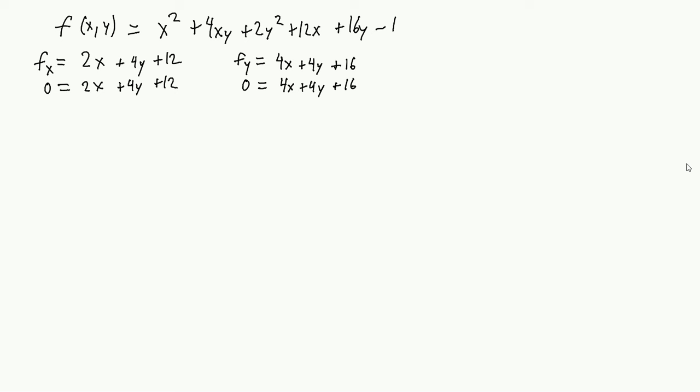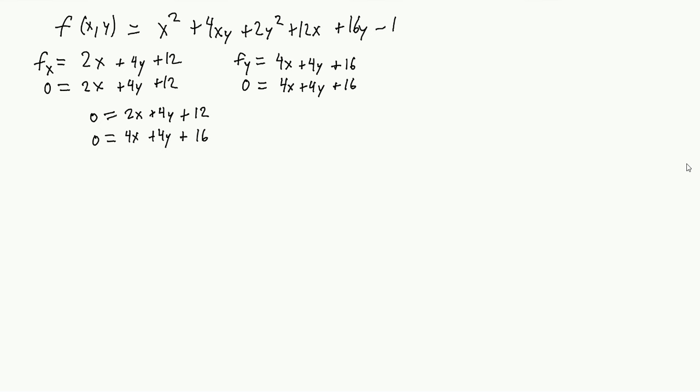So the way elimination works is you write your equations on top of each other, and you want to line up your variables. So I want to have 4x underneath that 2x. I want to have 4y underneath that other 4y. I want to have 16 underneath that other constant 12.